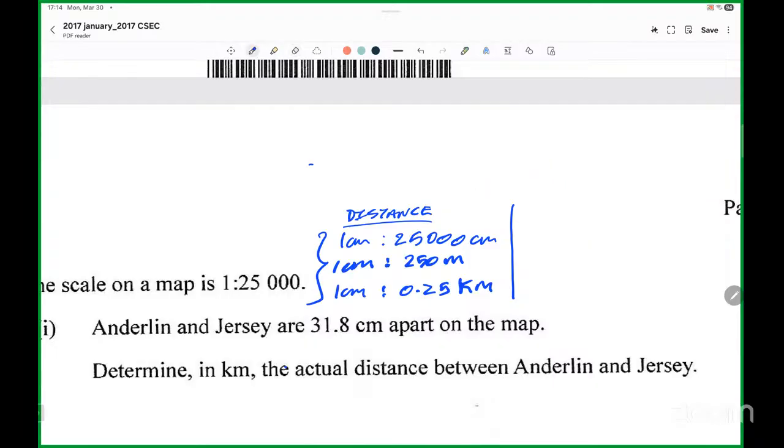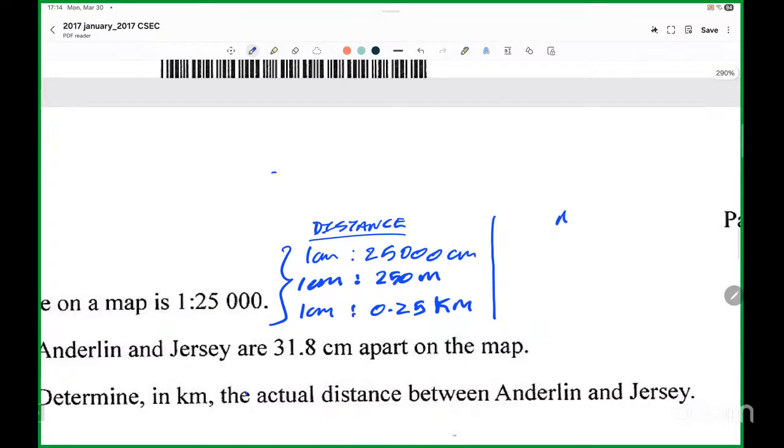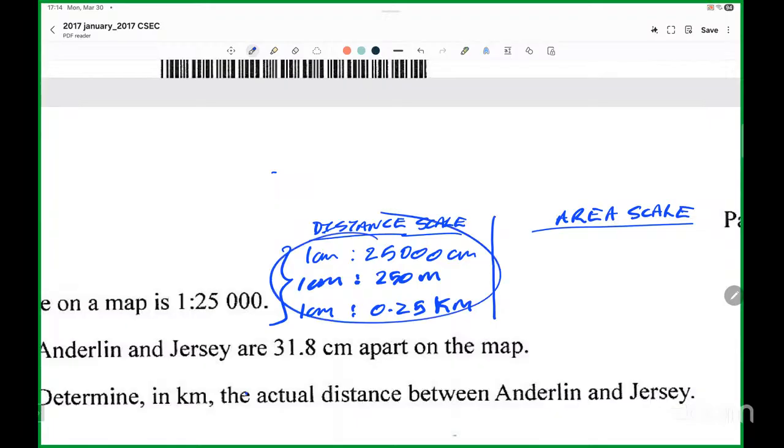So from this distance scale, I want to get the area scale. That is the distance scale. They will always give you the scale for distance. This is the scale for area. If you want to do some work in area, then this is the scale. You square these values. So it will be 1 centimeter squared to, you square this, 25,000 squared centimeters squared.